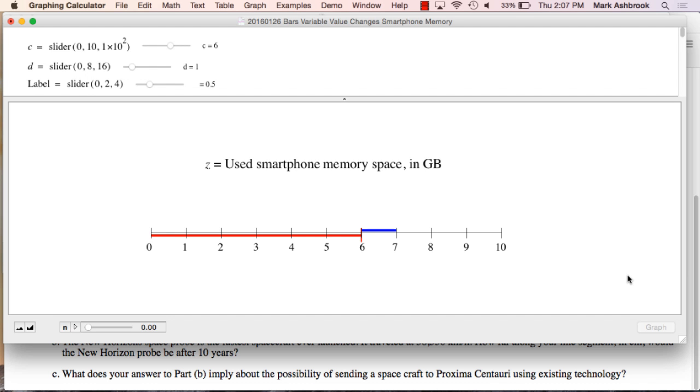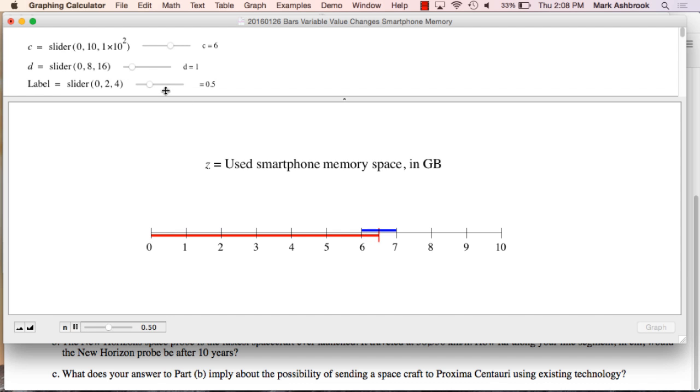Okay, so now, here's an illustration of that. I want you to just look at the red bar there. It's a red bar extending from 0, starting out at 6, and then increasing to 7. So what could be the meaning of the red bar? Very simply, what could the red bar be representing?